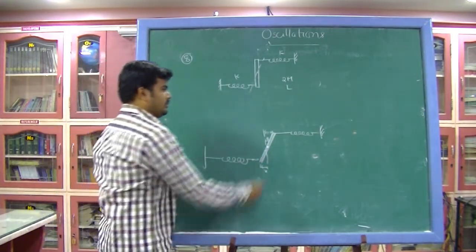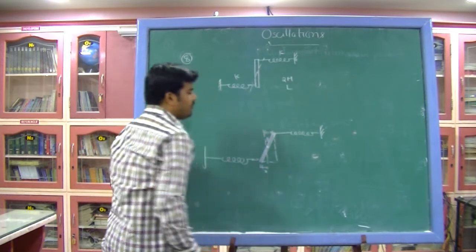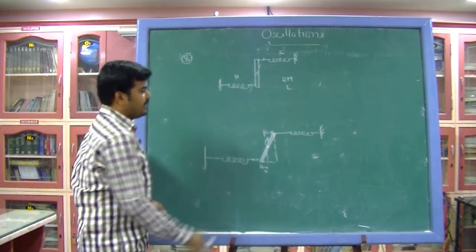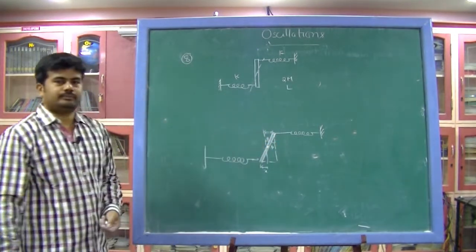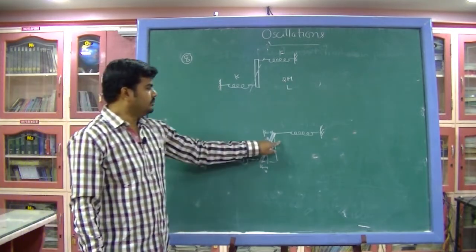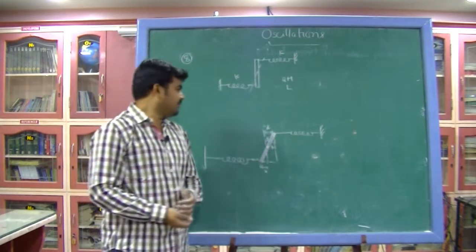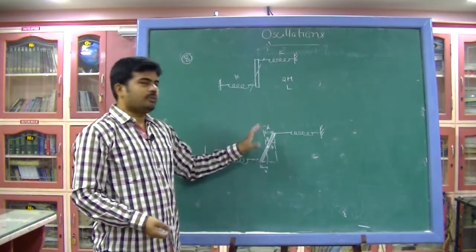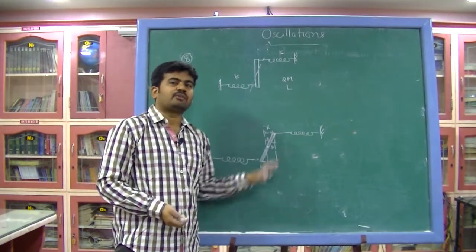Now, for calculating the restoring torque acting on the rod, we need to find out the perpendicular distance. As this angle is theta, this angle I can take as theta. Now let us find out the restoring torque. We know very well that when a system is doing simple harmonic oscillations, there must be a restoring force or restoring torque.